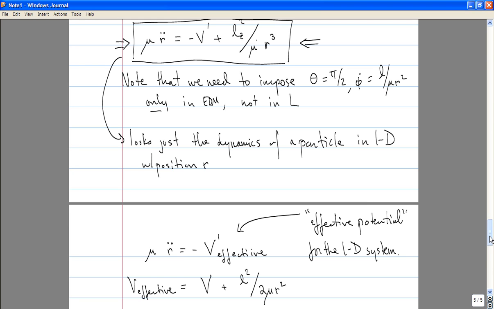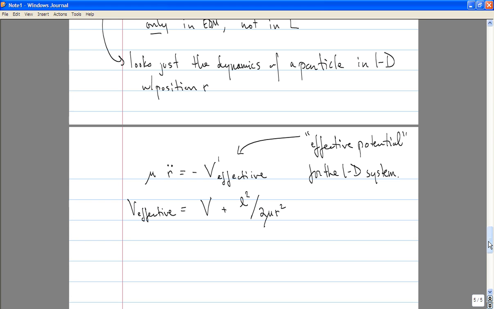Okay. So at this point, I could stop lecturing because you now know everything you need to solve completely the two-body problem. You just use the exact same techniques that we use to study the motion of a one-dimensional system. So, for example, there is a conserved energy which is equal to 1/2 mu R dot squared plus V effective.